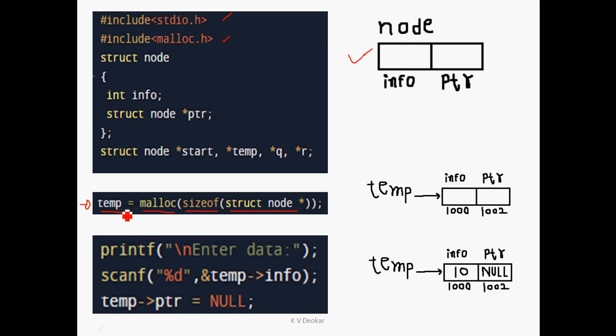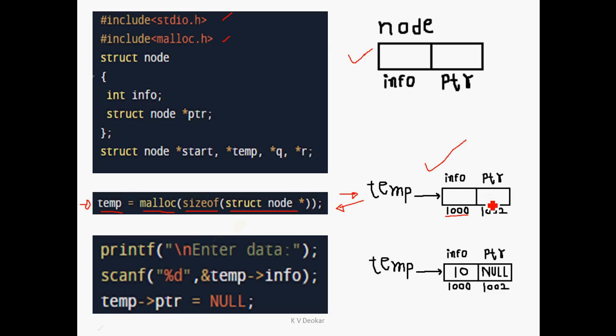Once temp is allocated memory with malloc, the structure will look like this. Temp is now our temporary node. Let us say it is allocated address 1000 for the info part and 1002 for the pointer part. So temp will contain the address of the first part, that is 1000.